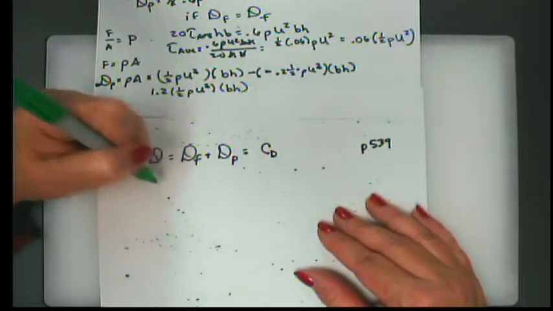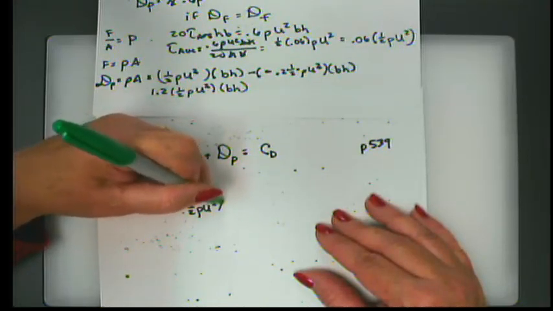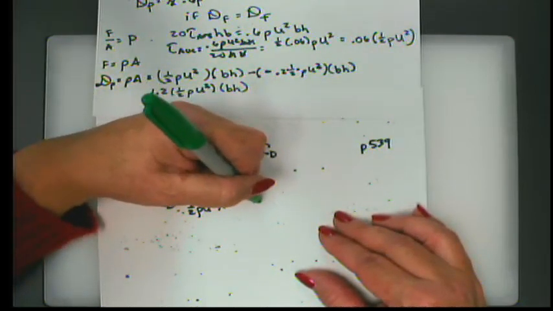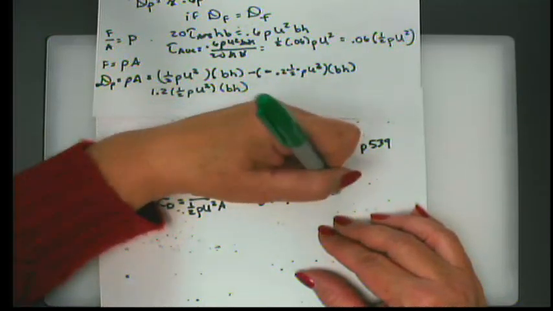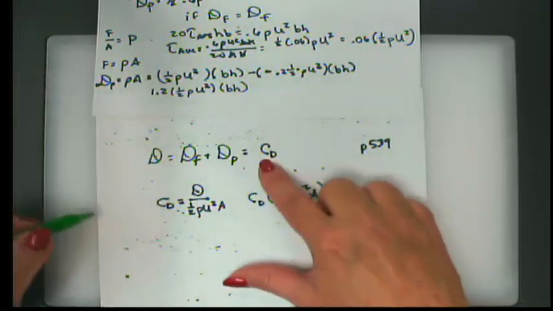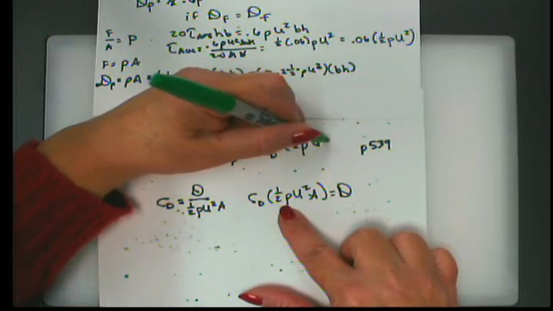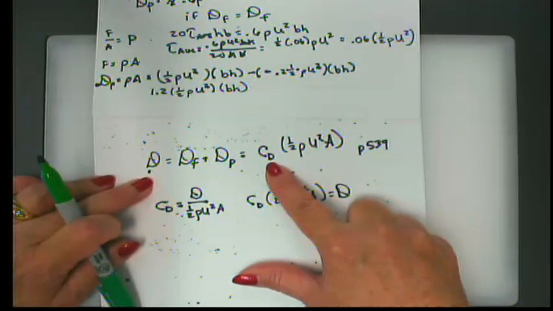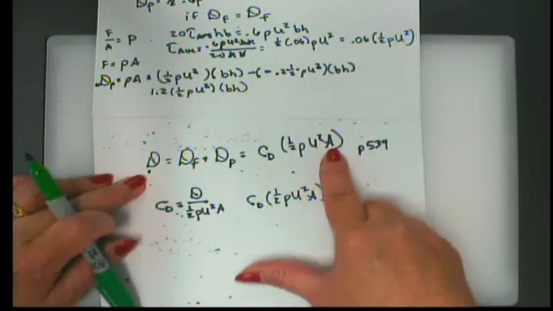So we start with this equation, C sub d equals drag force divided by dynamic pressure times area, and we solve that for drag. So we can say C sub d times 1/2 rho u squared A equals D. So we have our total drag is equal to something in terms of this. Oh, that's my drag coefficient, my area, there we go.